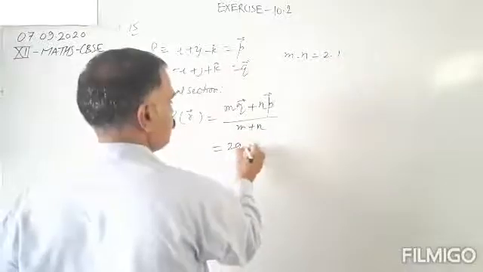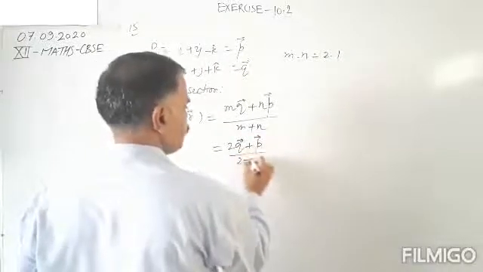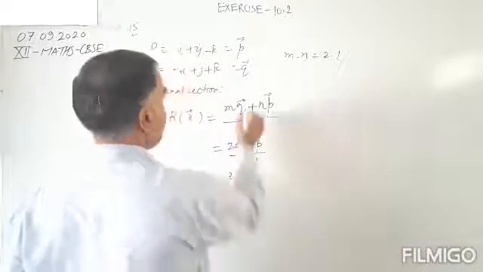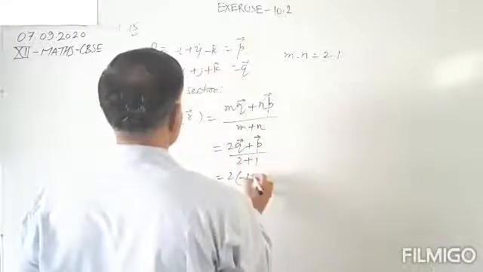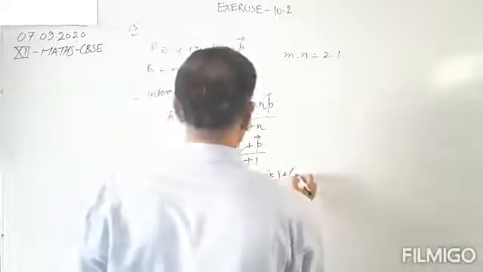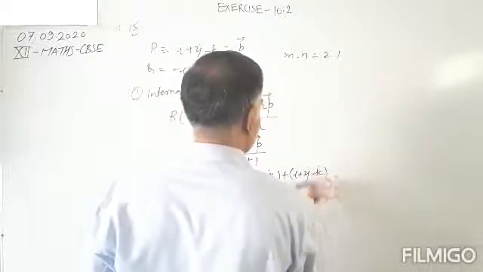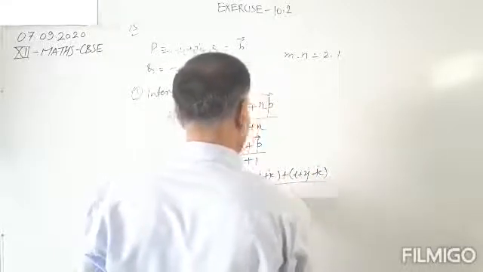So (2 Q vector plus 1 times P vector) divided by (2 plus 1). 2 times Q vector is -i plus j plus k, plus P vector, that is i plus 2j minus k, divided by 2 plus 1.